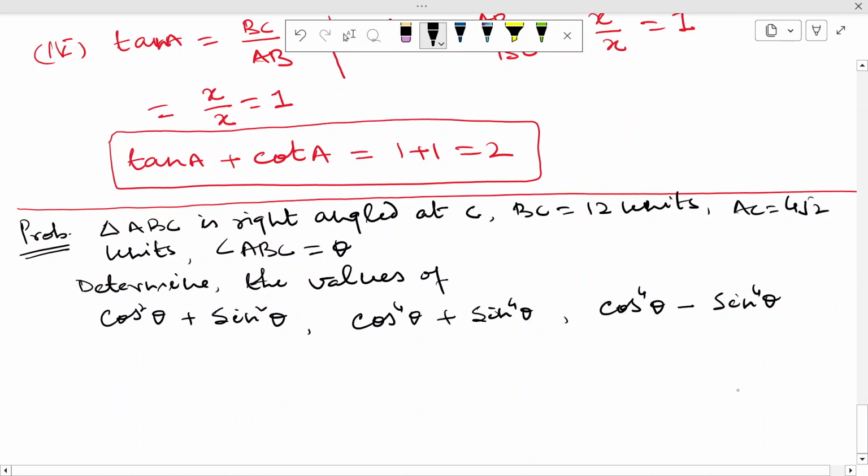So, before we begin with this problem, first of all we have to make the diagram.